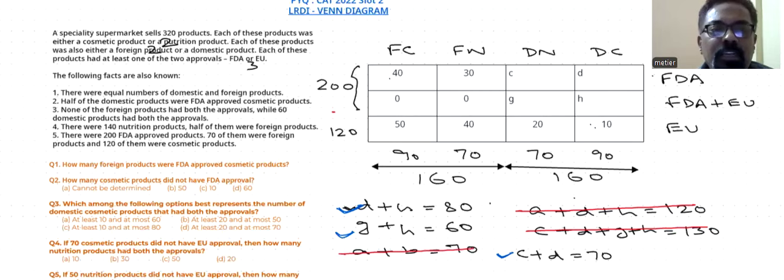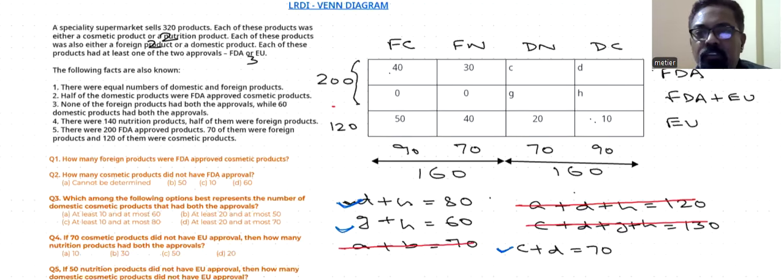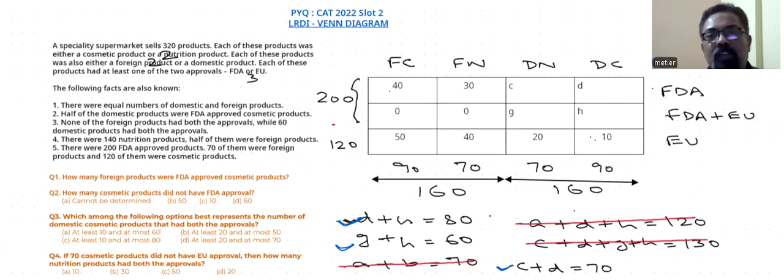Let's go with the questions. Maybe questions will be framed so that we can get the answers for these values, or we can get some additional information to find the unknown variables. Let's go with that.